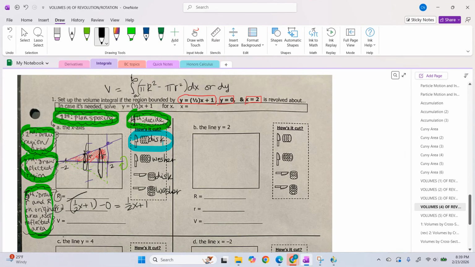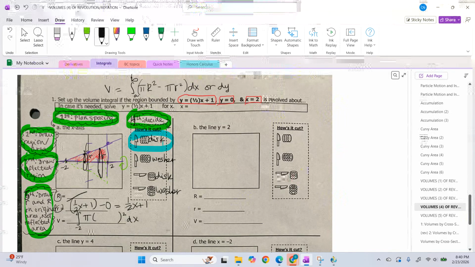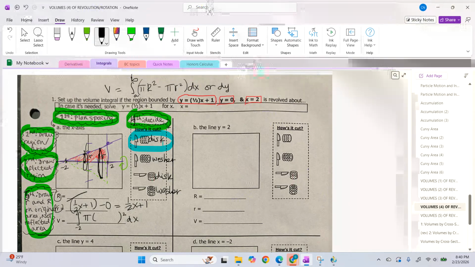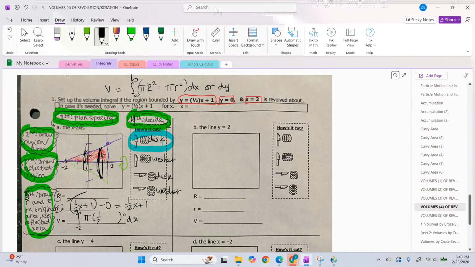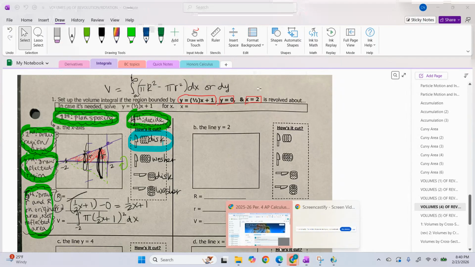And then my volume is going to be the integral from -2 to 2, because my cylinders start at -2 and end at 2, of pi r squared times height. And your height, remember, is this infinitesimally thin width, because your radius is the thing going up and down. So the integral of pi times (1/2 x plus 1) squared. And that's it. So I'm going to get the next visual ready for you, and then we'll keep going.